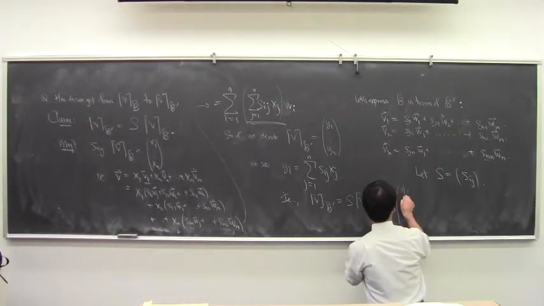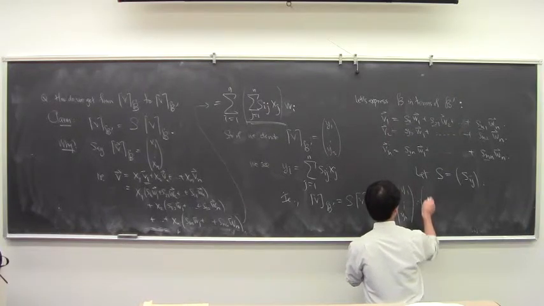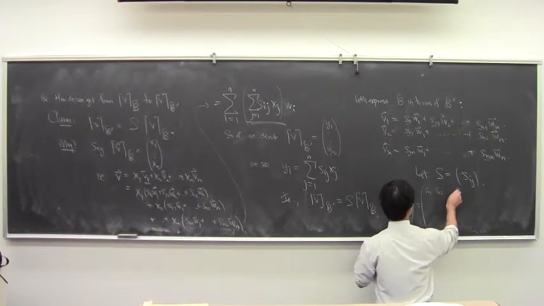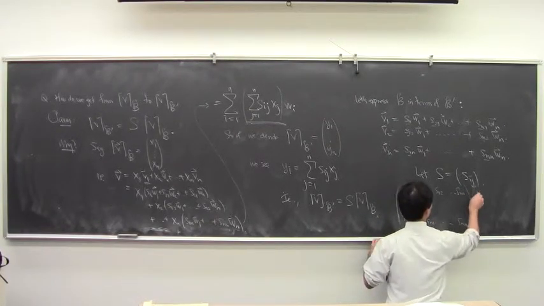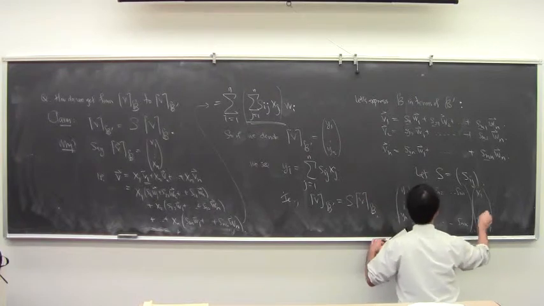So y1 through yn turns out to be the matrix s11, s12, ..., s1n, ..., sn1, ..., snn times x1 through xn.